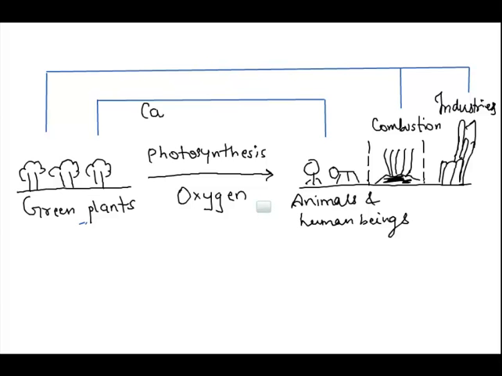So here, animals and human beings release carbon dioxide gas by the process of respiration. And here, industries and combustion also release carbon dioxide, which is then utilized by green plants.